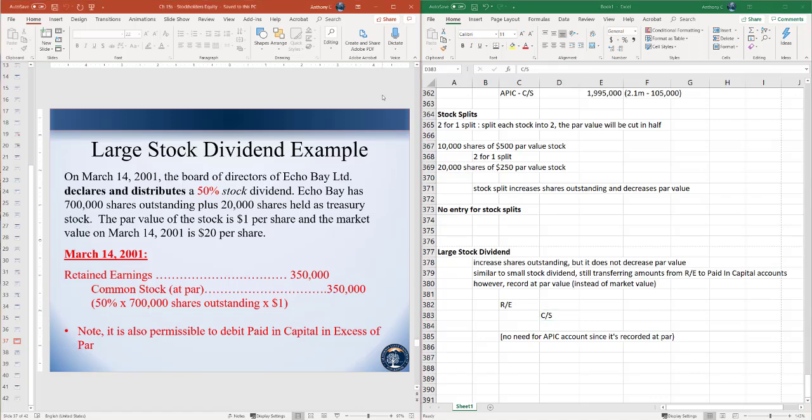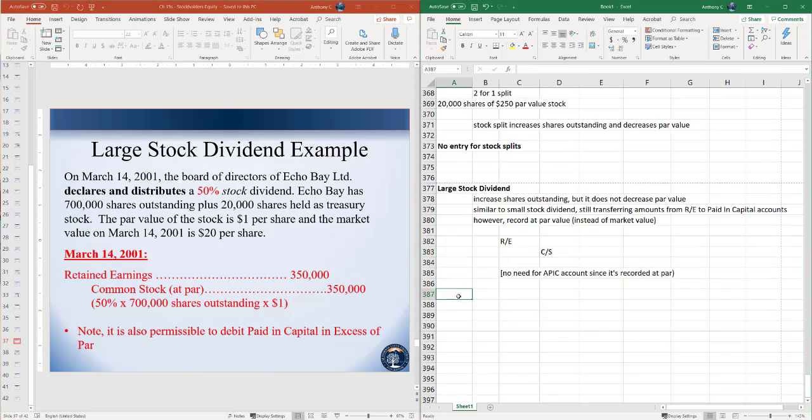For example, on March 14th, 2001, the board of directors of Echo Bay declares and distributes a 50% stock dividend. Echo Bay has 700,000 shares outstanding, plus 20,000 shares held as treasury stock. The par value of the stock is $1 per share. Market value on March 14th, 2001 is $20 per share.